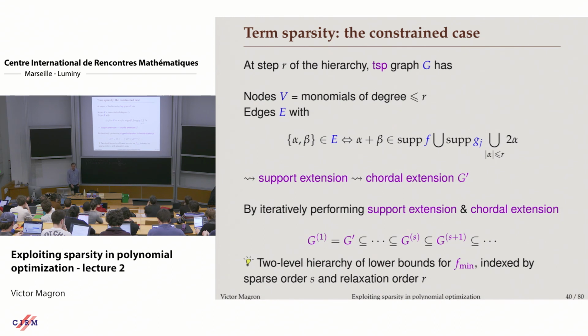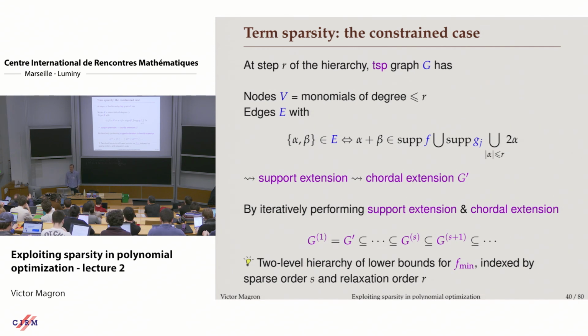So you have a two-level hierarchy of lower bounds, which is indexed by the degree of all possible monomials, and also the number of two-step iterations that you do. So sorry in advance, the notation will be a bit messy, but you need to take into account these two relaxation parameters. Any questions on that?